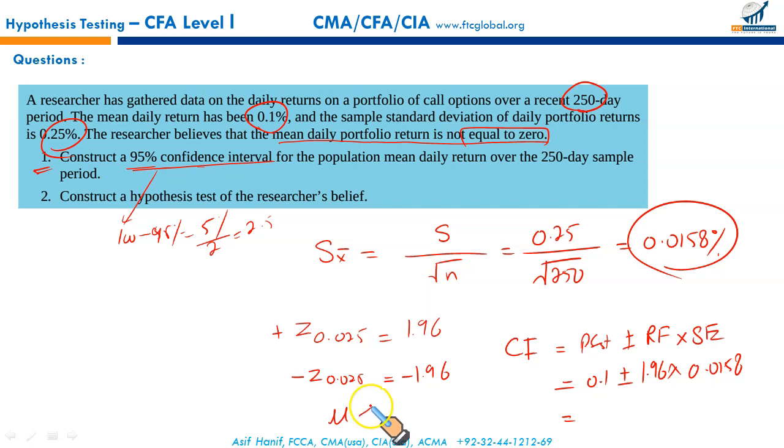If you simplify this with a plus sign, you will have 0.131%, and when it's 0.1 minus the number, you get 0.069%. So this is what you call your confidence interval at 95%.